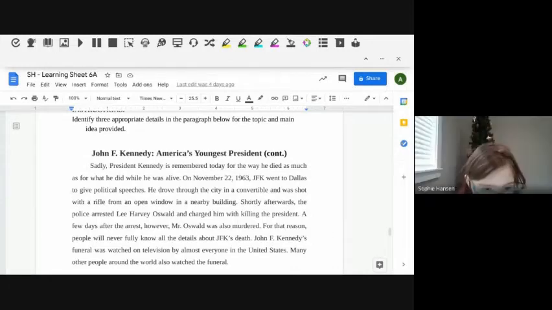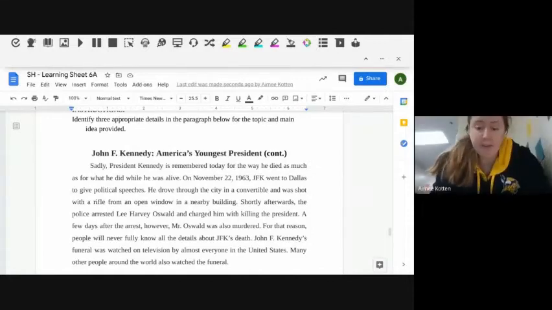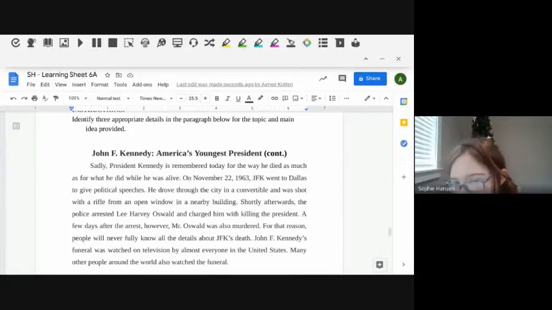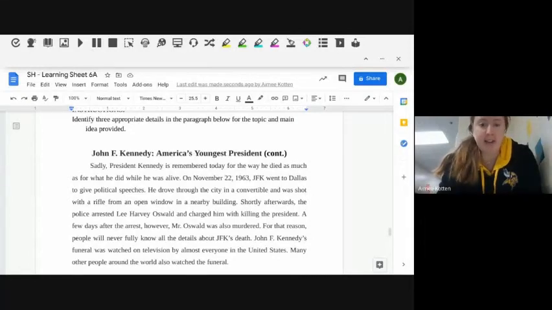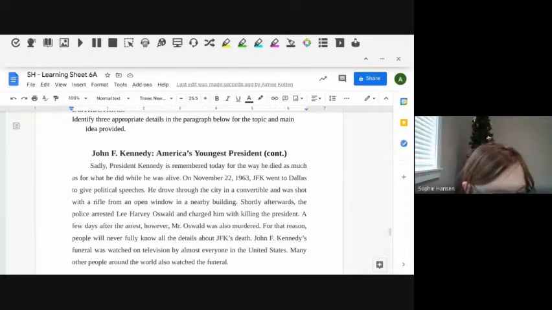I remember when he was arrested and charged with killing the president. Yep, I know that happened. Oswald shot the president. Let's go back in the text and highlight that.